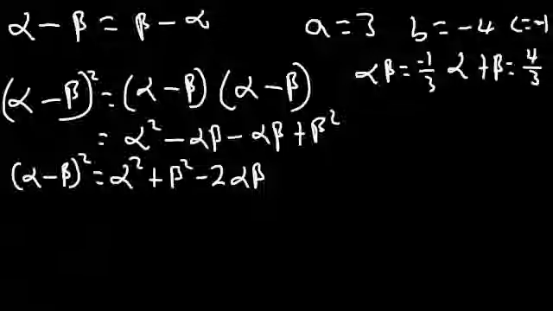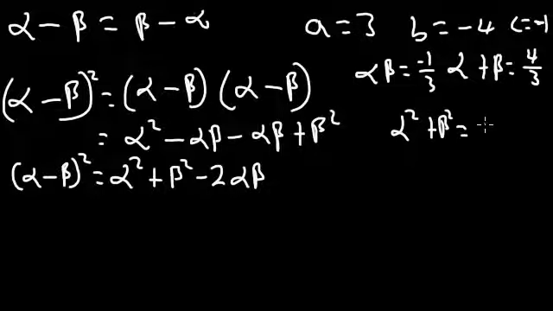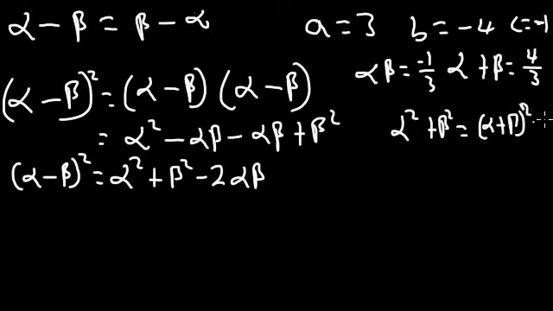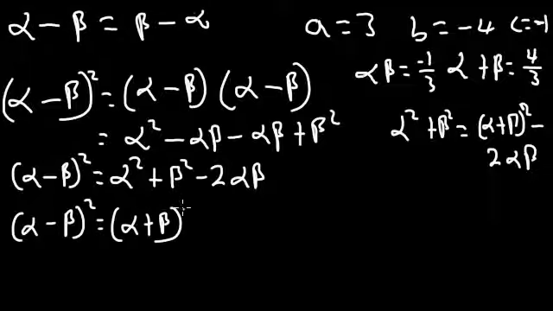If you recall, alpha squared plus beta squared is simply equal to alpha plus beta all squared, minus 2 alpha beta. Can we replace alpha squared plus beta squared with this? Yes, we can. So we now have alpha minus beta all squared equals alpha plus beta all squared minus 2 alpha beta.